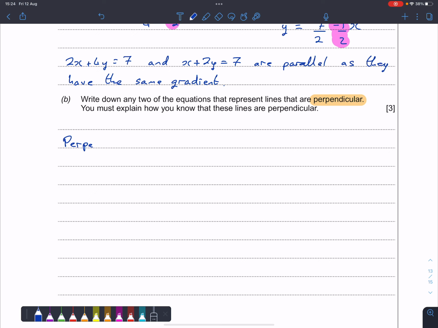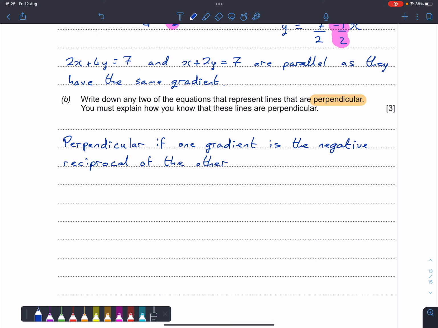So perpendicular if one gradient is the negative reciprocal of the other.